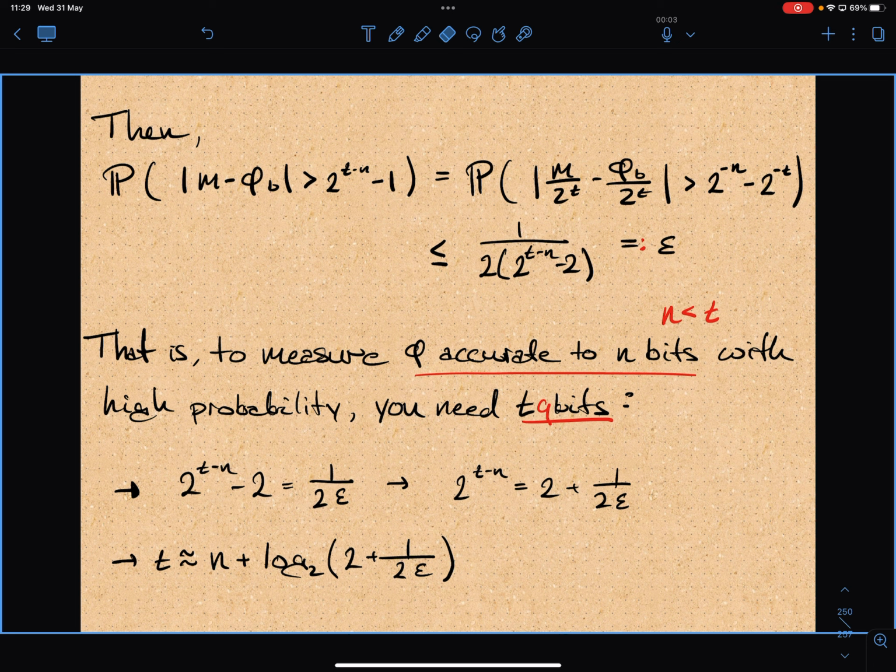Or if you fix the probability epsilon and you want to measure it accurate to a large number of bits, then you're going to need a lot of qubits to measure it accurately. So there are two things that affect your approximation: how many bits you want it accurate to, and with what probability, epsilon. And epsilon here is measuring the probability of how far your measurement is going to be from the true best approximation using t qubits.